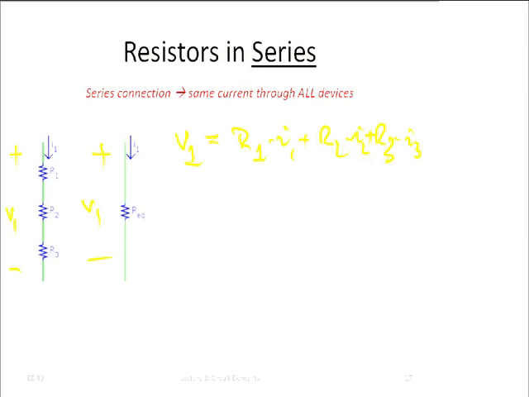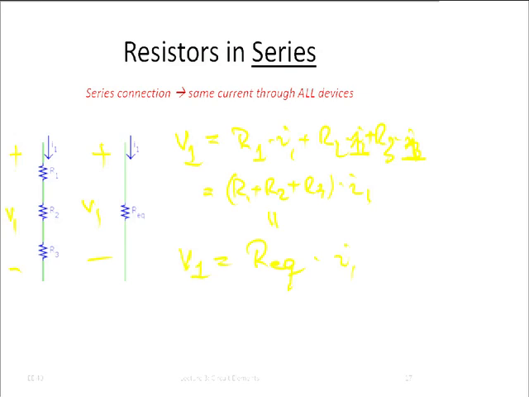These are all I1s because the current through each of these resistors is the same. Now for the resistor on the right side, the voltage is simply equal to Req times I1. So in other words, the value of Req is equal to R1 plus R2 plus R3.